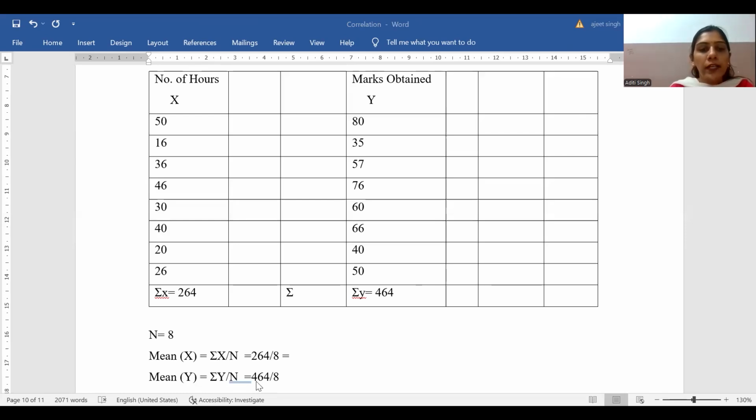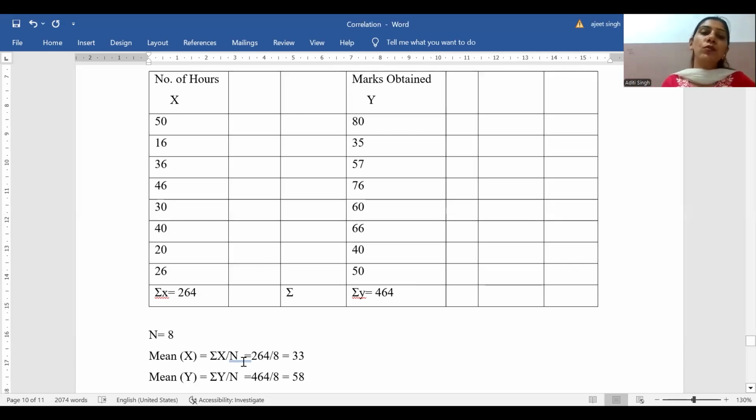So mean of x is 33 and mean of y is 58. This is how we will calculate the mean of x and y.